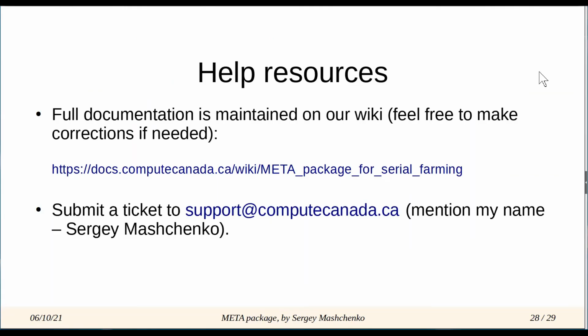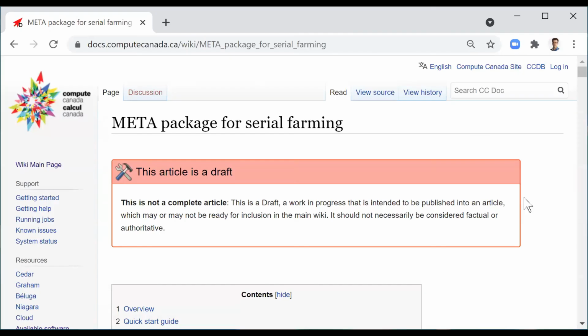We are approaching the end of this presentation. If you need more details, please consult the Meta Package wiki page, which is hosted on docs.computecanada.ca. The way I find this page, I just Google for Compute Canada Meta. This is how this wiki page looks.